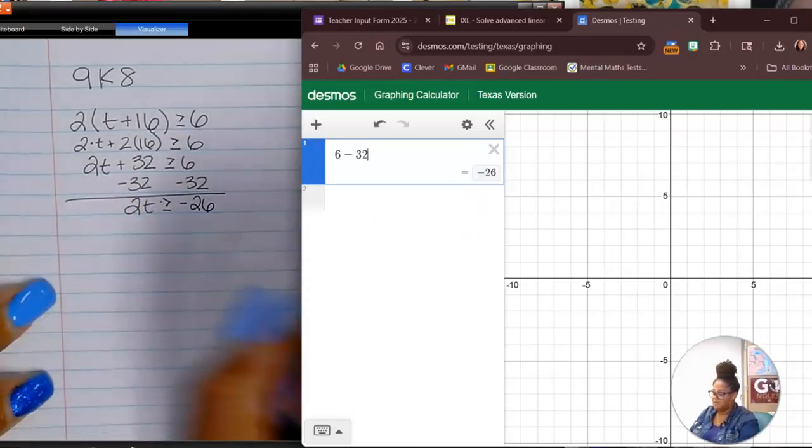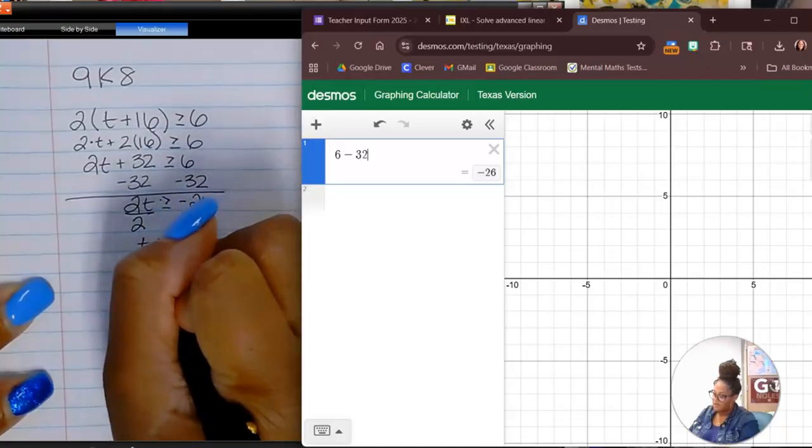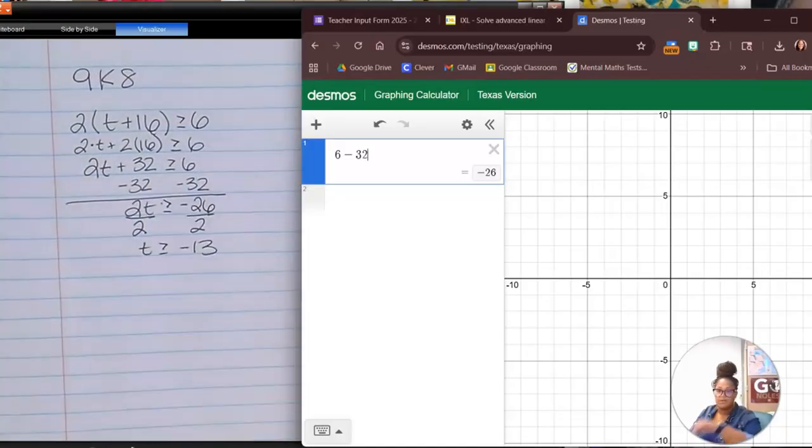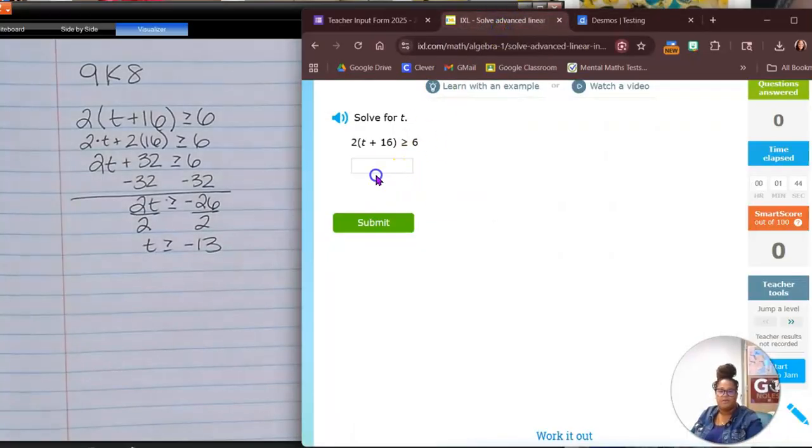And then I divide both sides by 2. T is greater than or equal to negative 13, because I would take negative 26 and divide by 2. So come here, and we'll say T is greater than or equal to negative 13.